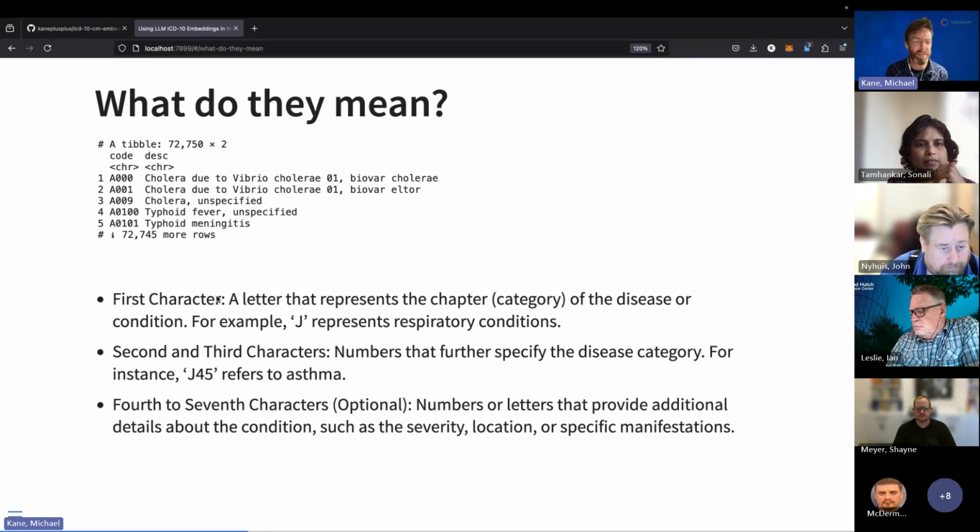So it is a little bit hierarchical, and you can also see from the first couple as an exemplar that when these are close, the descriptions are usually pretty close. They don't have to be, but they can be. And then the remaining characters basically provide additional information about the condition, right?